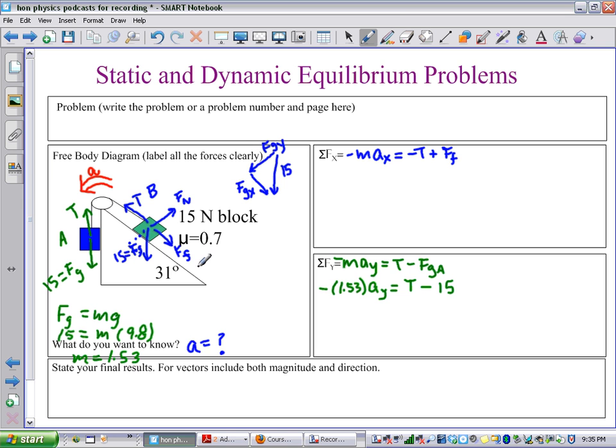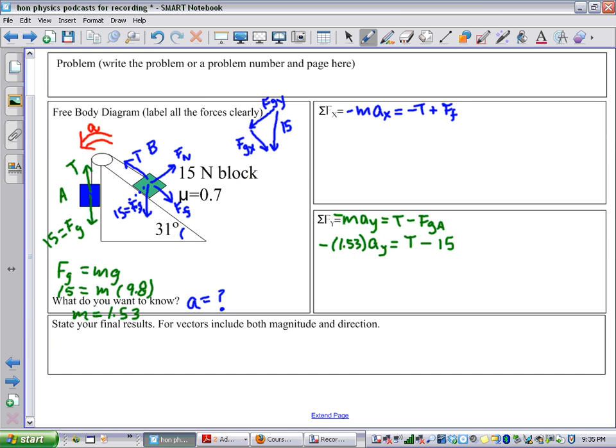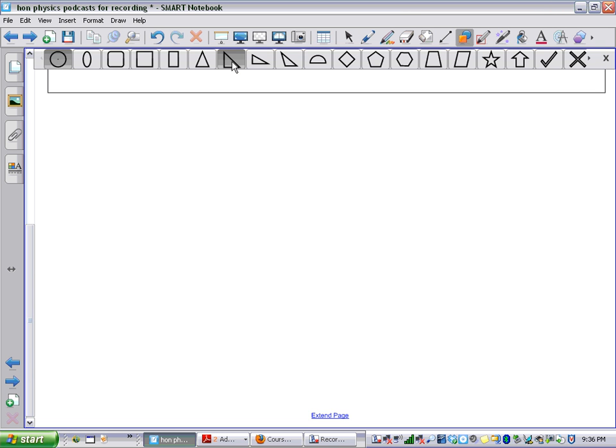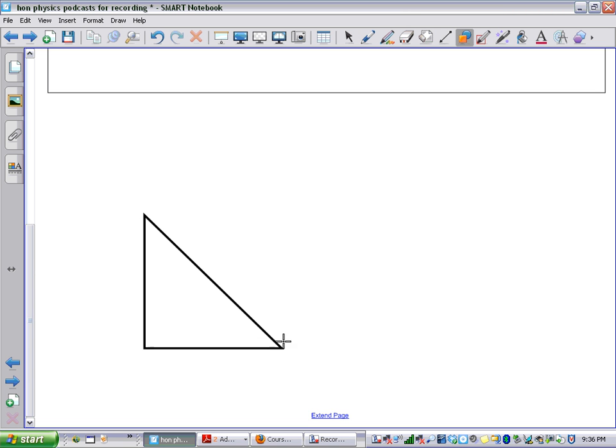Now, to show you how I get the 31-degree angle in this big triangle to relate to my little triangle, I'm just going to draw a diagram below here so you can see what's happening. Let me use my triangle tool. Alright, here's my first triangle.